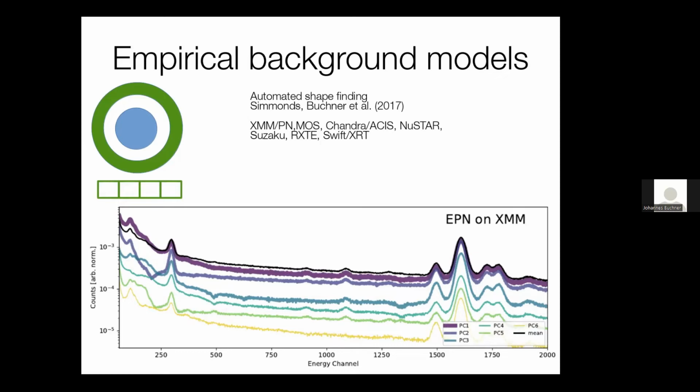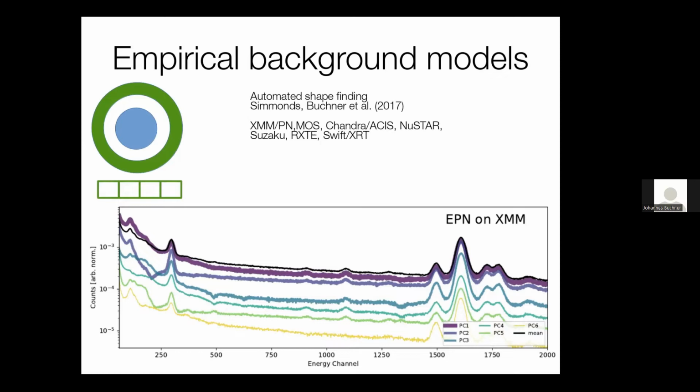Okay, and here you see 6 of those principal components, which illustrate the diversity of backgrounds that are seen across an instrument's detector channels. And you see sometimes, for example, the soft end is higher, sometimes it's lower, sometimes the lines are stronger and weaker. And now I have a model with 6 components that I can add, and I can fit this to each background spectrum and be done with it.